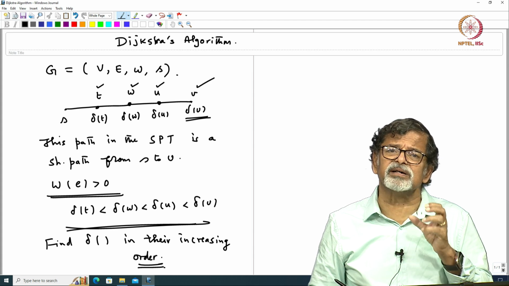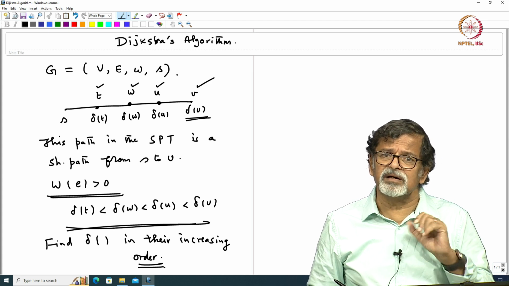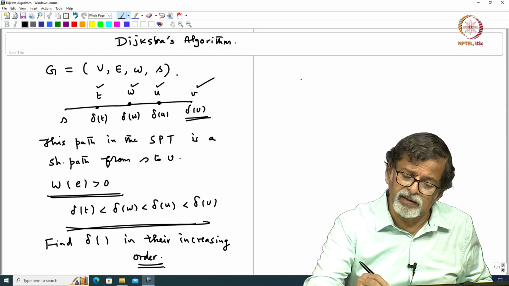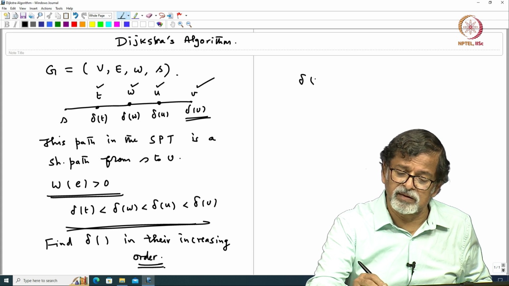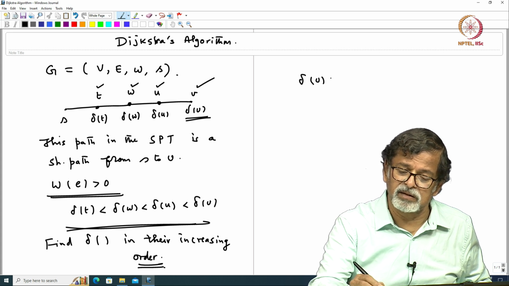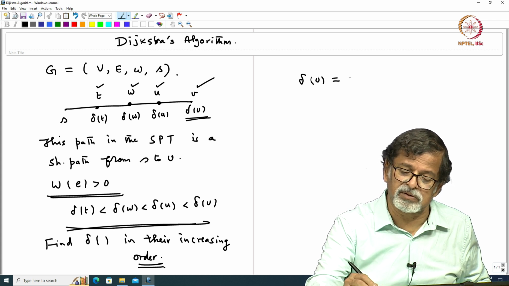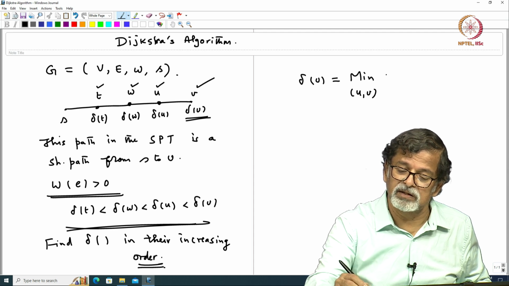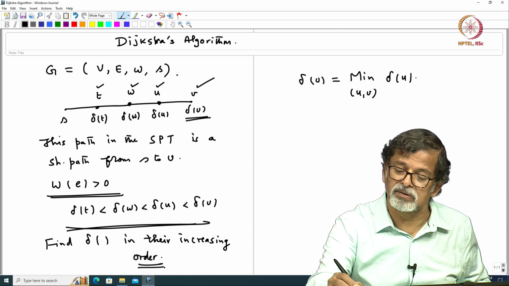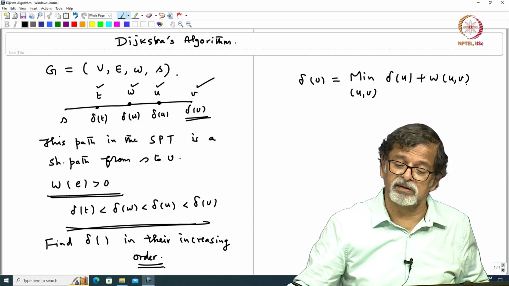Also, if you look at the Bellman equation, delta V is equal to minimum over u, v of delta u plus weight of uv.